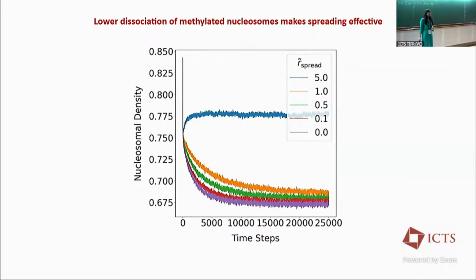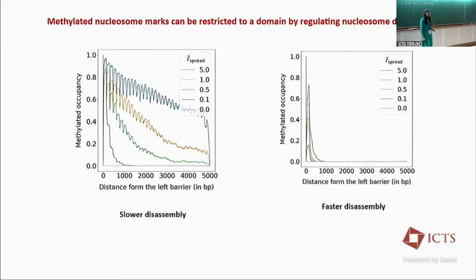Another thing that our model has allowed us is to profile methylated nucleosomes at steady state. So the graph shown here depicts, given a lattice site, say 0, what is the probability of that site being covered by a methylated nucleosome. We find two things. First, as we move away from the nucleation point, the methylation profile shows a decay. And the second thing, the decay in this methylation profile can be regulated by regulating nucleosome dynamics.